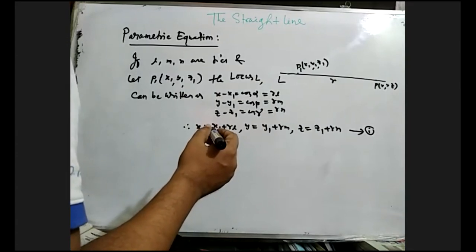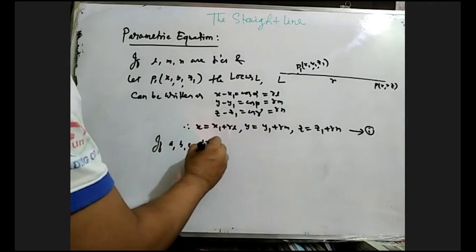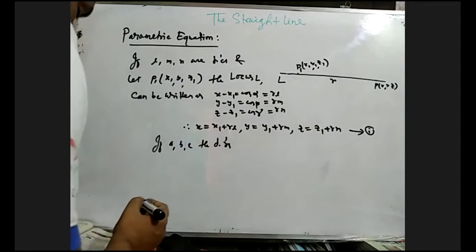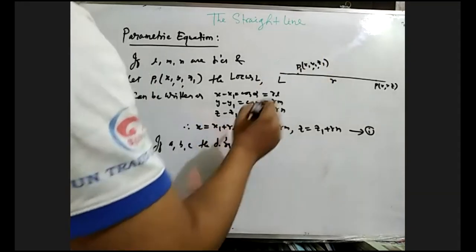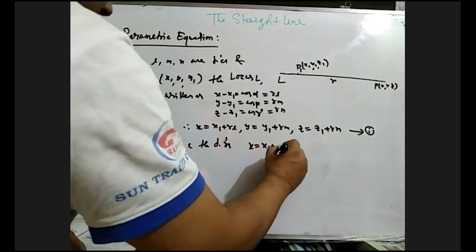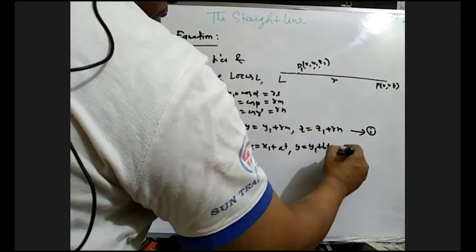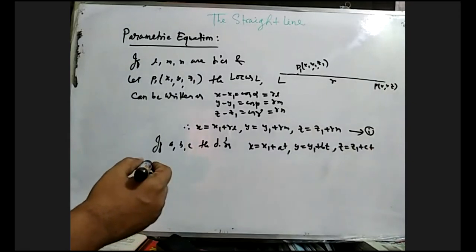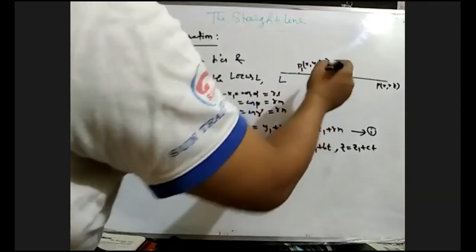And if a, b, c are the direction ratios, then the locus of this equation can be written as x equals x1 plus at, y equals y1 plus bt, and z equals z1 plus ct, where a, b, c are the direction ratios, and t does not depend on the variable length P1P.